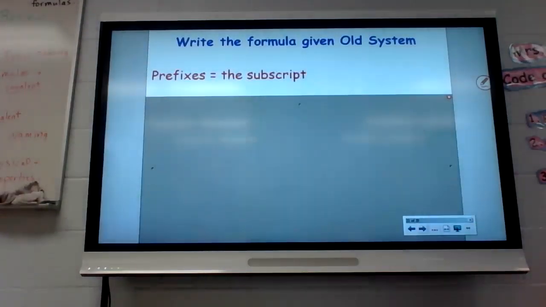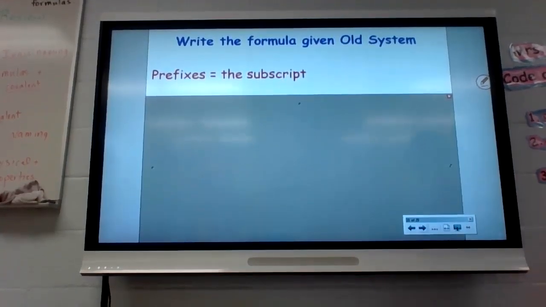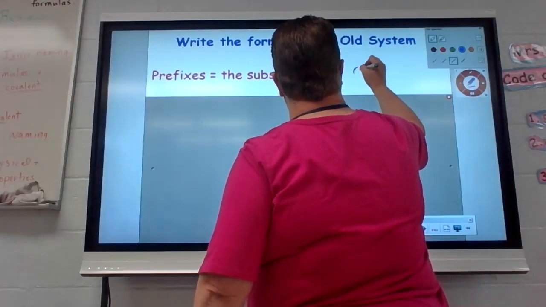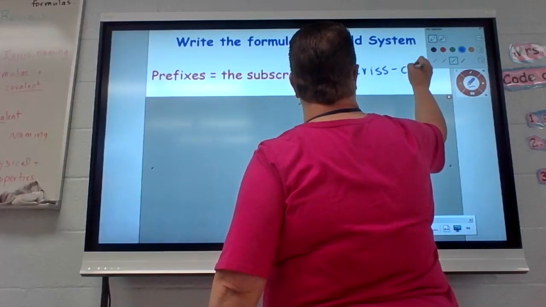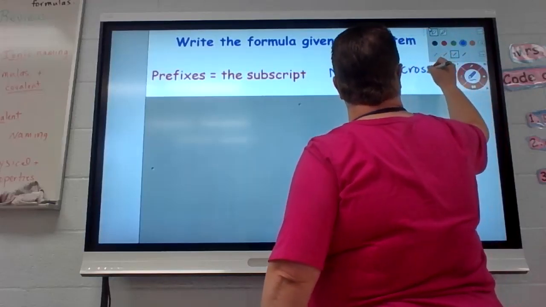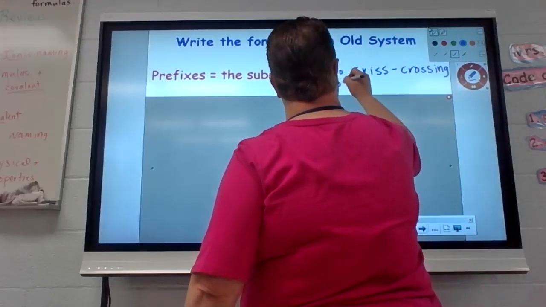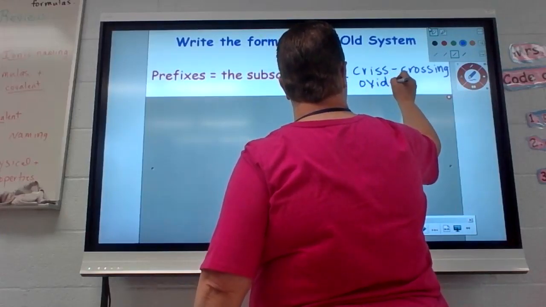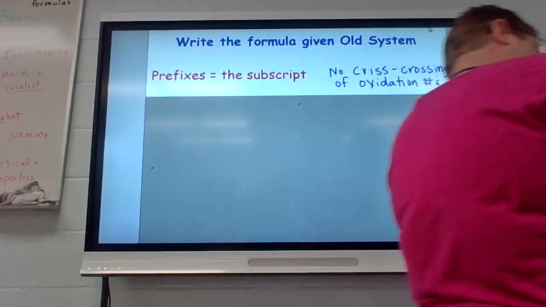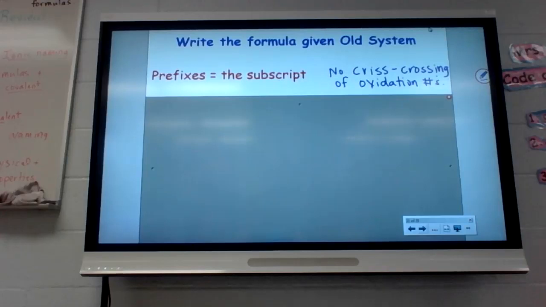All right. So, first of all, this is what makes this system different. A prefix is a subscript. There's no crisscrossing of oxidation numbers here.